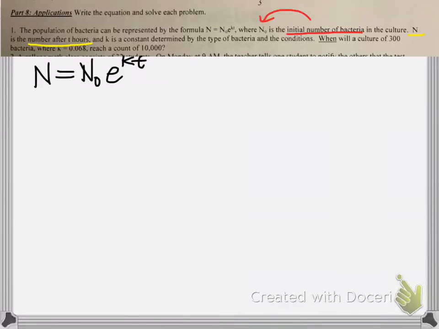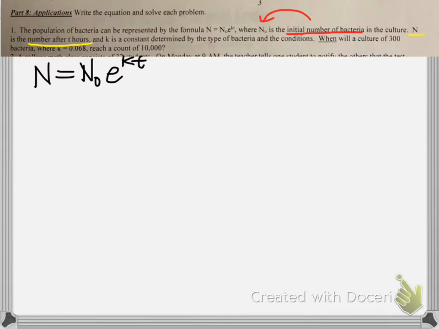All right, so in this word problem, they give us the formula, which is this one. Basically, we're going to plug in the values that they give us into their proper location. So I went ahead and underlined the red, what that means. From the top it says the population of bacteria can be represented by the formula N equals N0 e to the kt, where N0, initial N, is the initial number of bacteria in the culture.